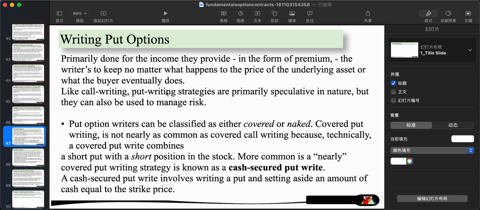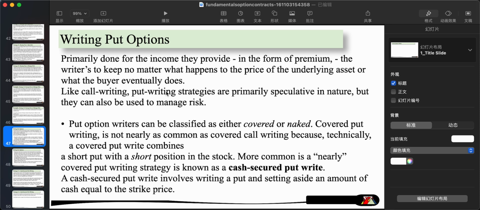Similar to call writing, put writing strategies are primarily speculative in nature, but they can also be used to manage risk. A put option writer can be classified as either covered or naked. Covered put writing is not nearly as common as covered call writing because technically a covered put write combines a short put with a short position in the stock.